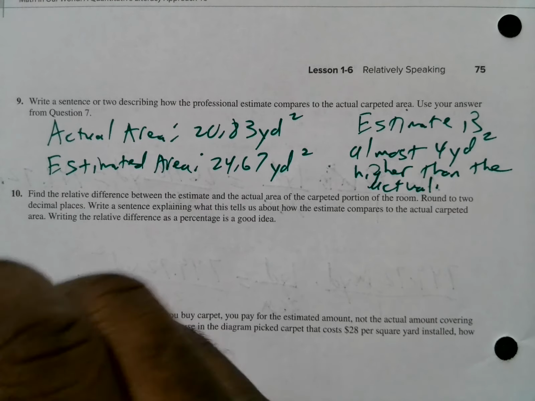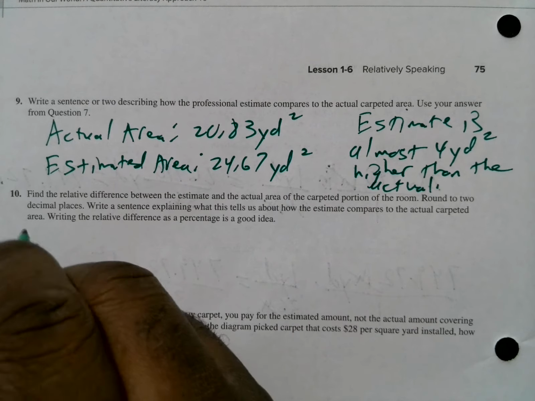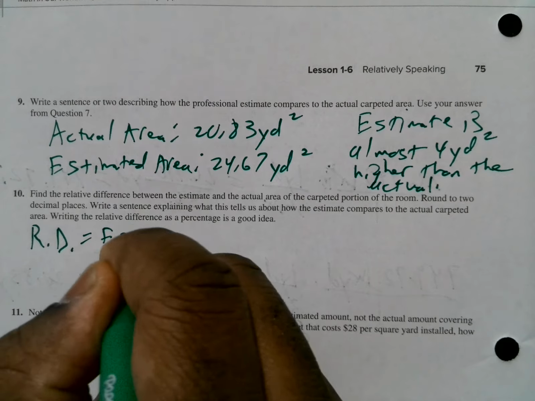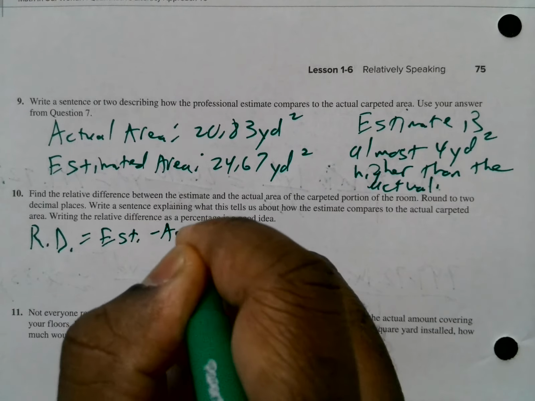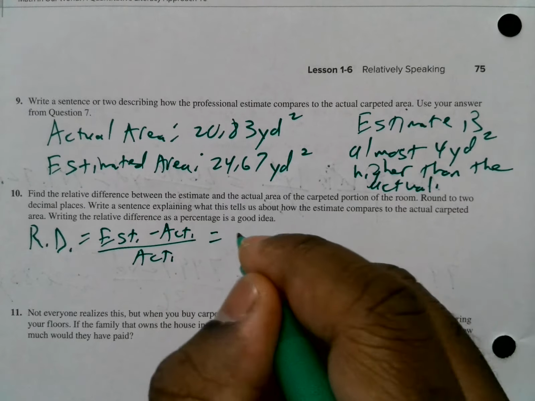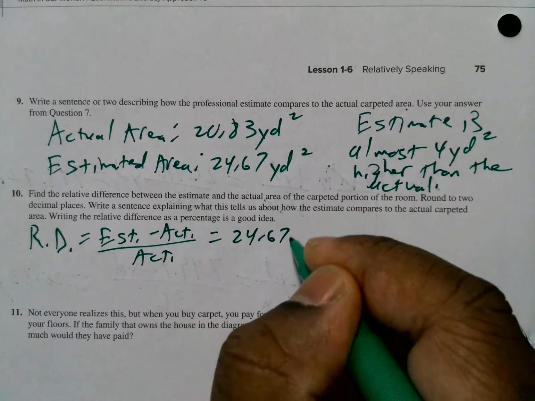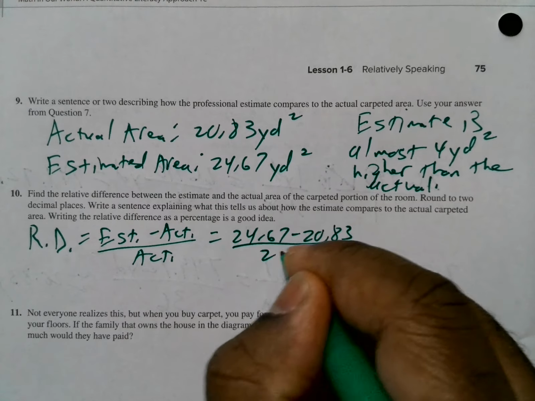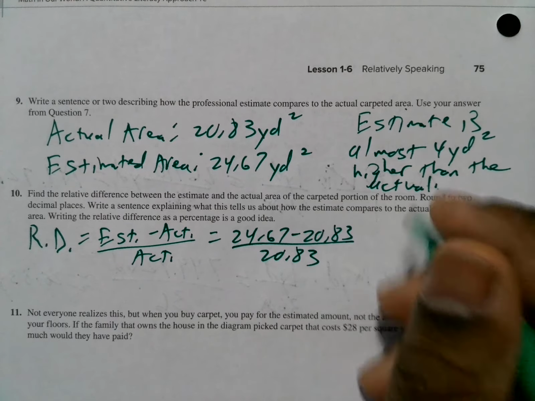Okay, so we have the relative difference. We know that's the estimate minus the actual, divided by the actual. The estimate was 24.67. The actual was 20.83, divided by 20.83.